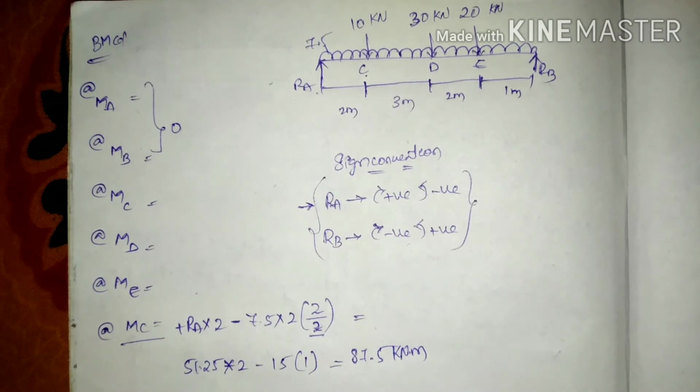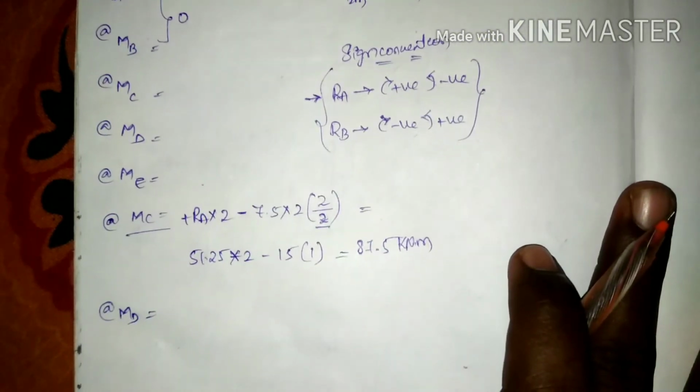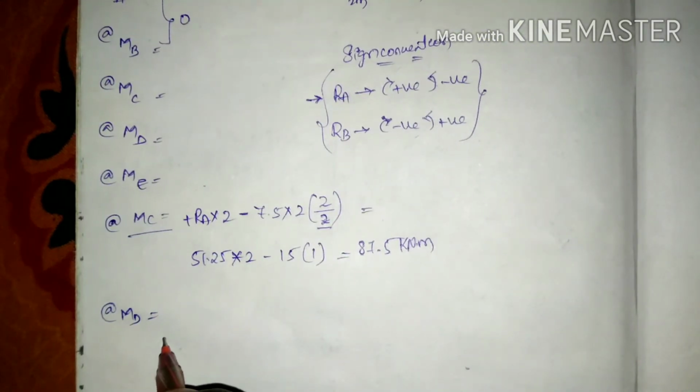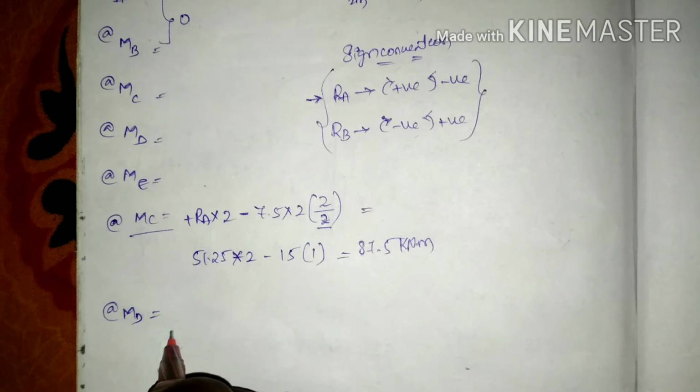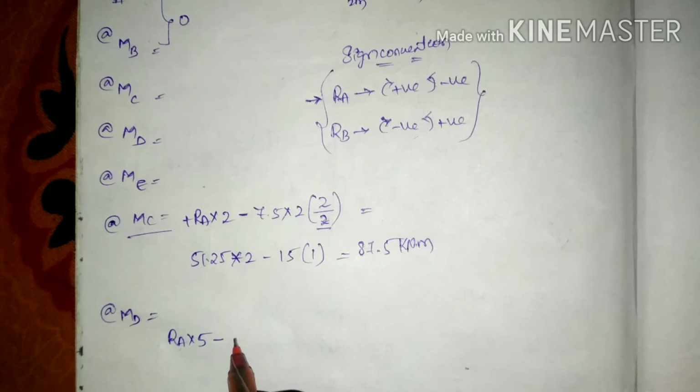And taking the moment about D from A, we have RA, the distance from A to D is 5, minus the UDL.